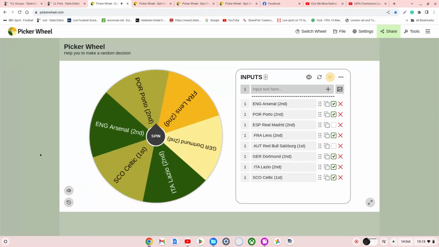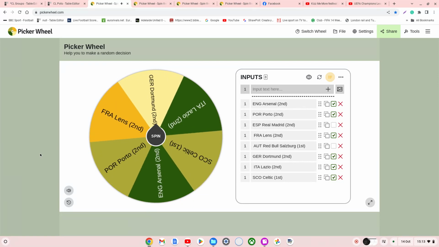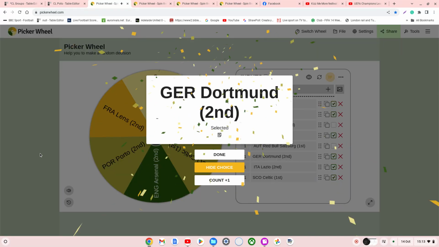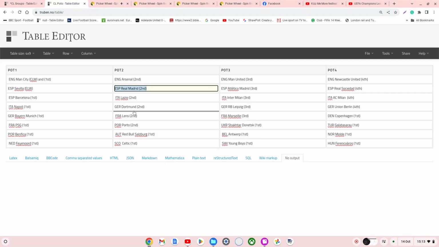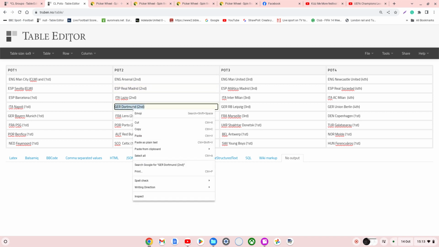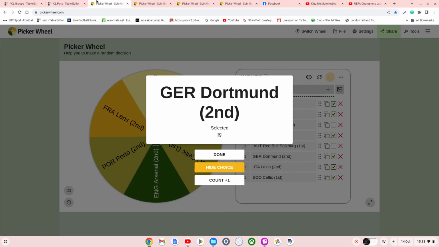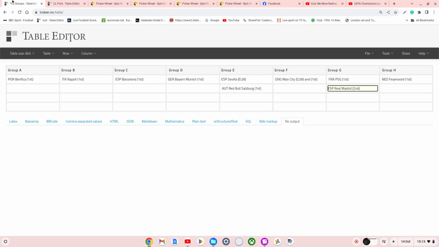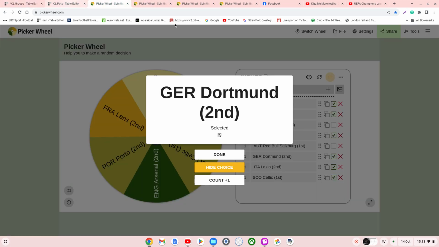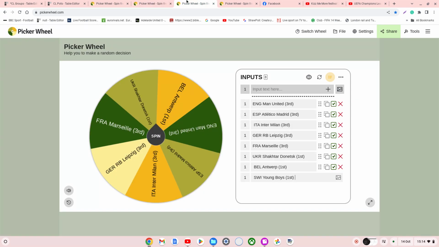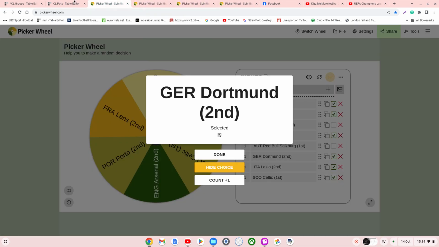Who's it going to be? And it's Borussia Dortmund. Dortmund from Germany, runners-up of the German league. Let's see now. They can't be in Group D because of Bayern Munich, and also they can't be on the left-hand side of the draw because of Bayern Munich as well.